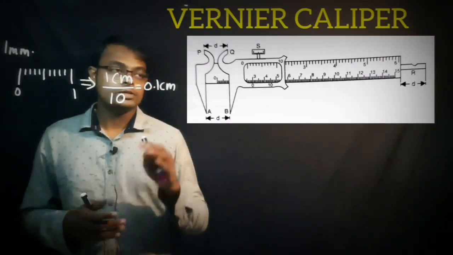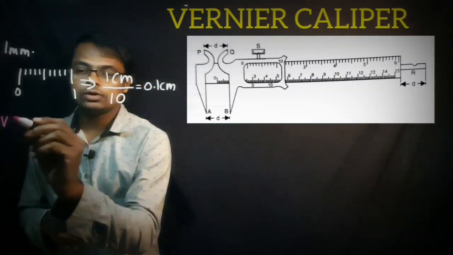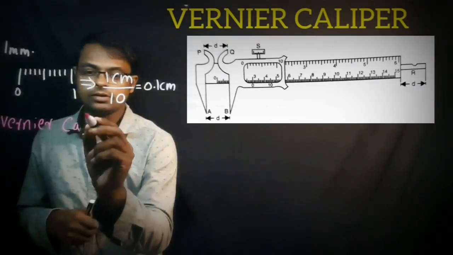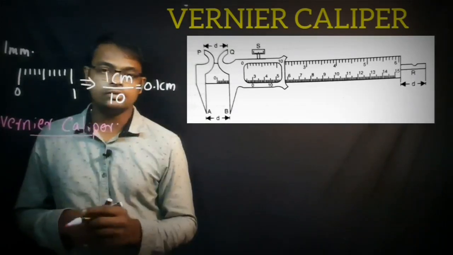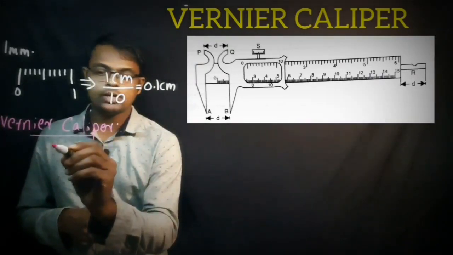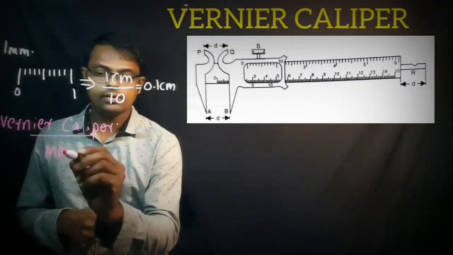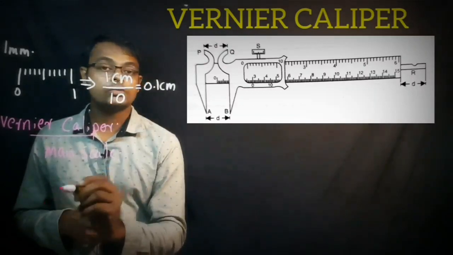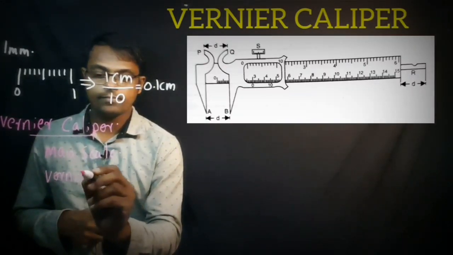So the two scales you can see in the vernier caliper: one is the main scale, the other one is the vernier scale.